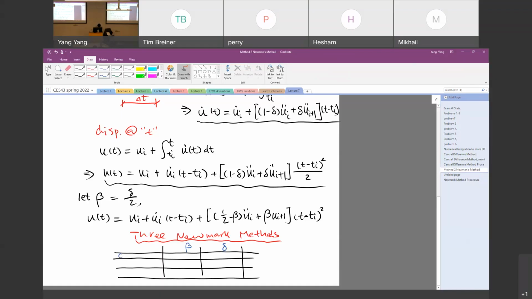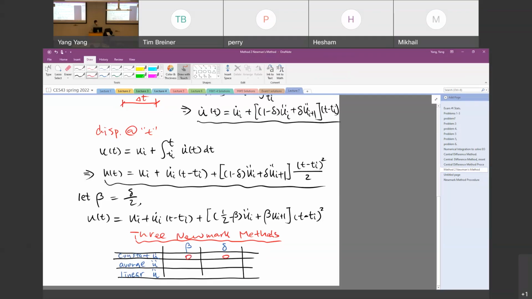The first one is called the constant acceleration, and then we have the average acceleration and the linear acceleration. Constant acceleration is between time i and time i plus 1, where we have the beta value equal to 0 and delta value equal to 0.